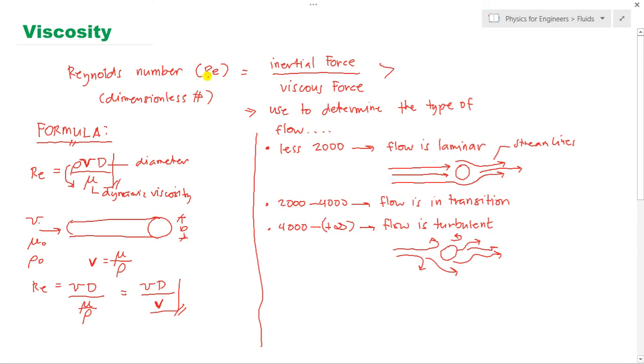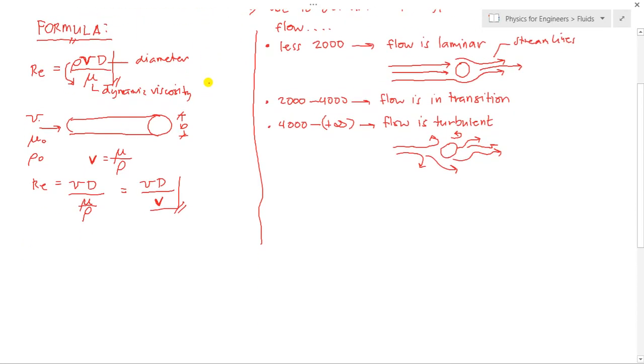Now, this is a dimensionless number, so ato i-prove kung dimensionless ba ni. For Reynolds number, equal to the density, ang dimension sa density is kilogram per cubic meter. Then the velocity is meter per second. The diameter is in meter. Divided by the dynamic viscosity, which is kilogram per meter second. So ang kilogram sa babaw cancel sa ubos.